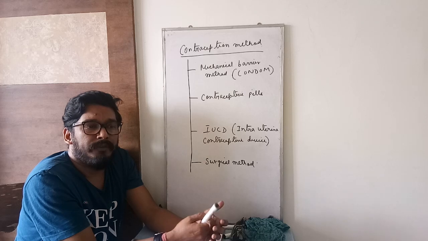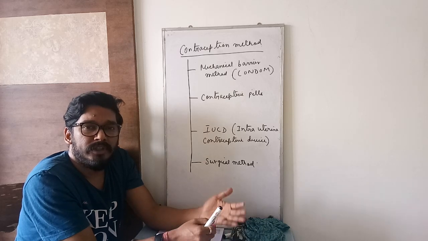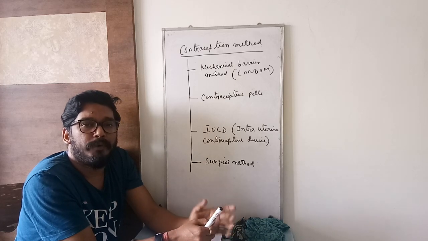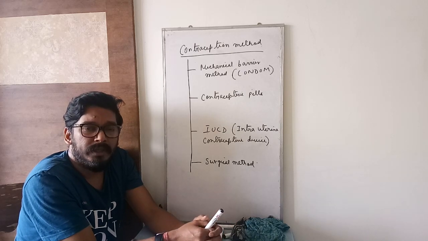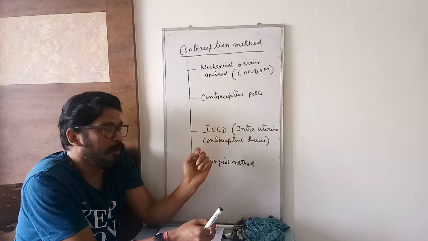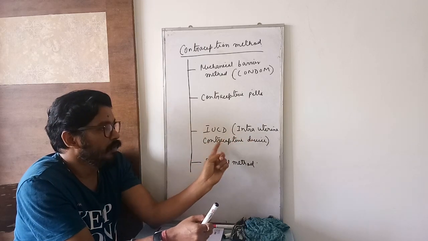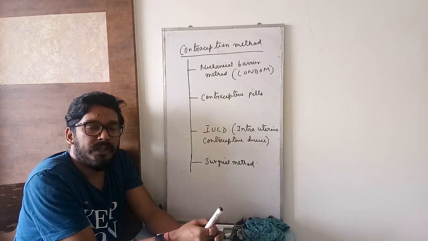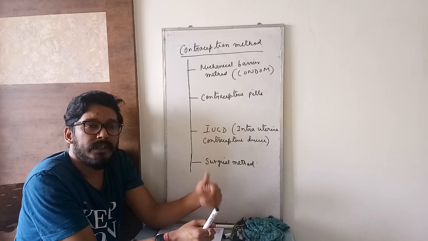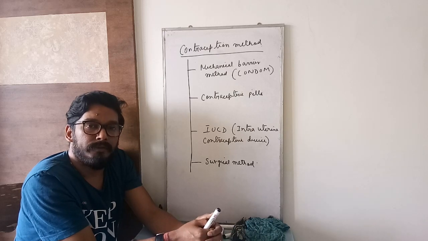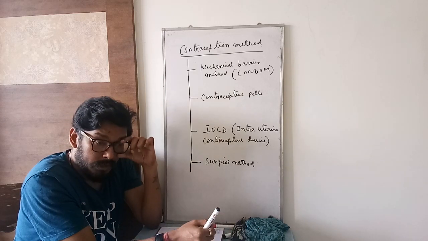Suppose after the birth of a child, the couple want a gap of 3 years before they go for the next baby. At that time this method is used, the intrauterine contraceptive device, copper-T, which is introduced into the vagina. When it is introduced in the cervix, what will happen? The sperm will not enter the female body.